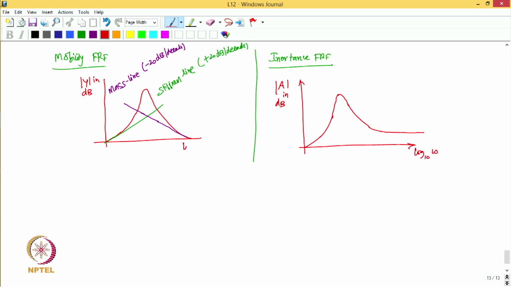So, in this case, you will have the stiffness line, which will have a slope of plus 40 dB per decade, and then the mass line would be a horizontal line like this, and it will have a slope of 0 dB per decade, right.